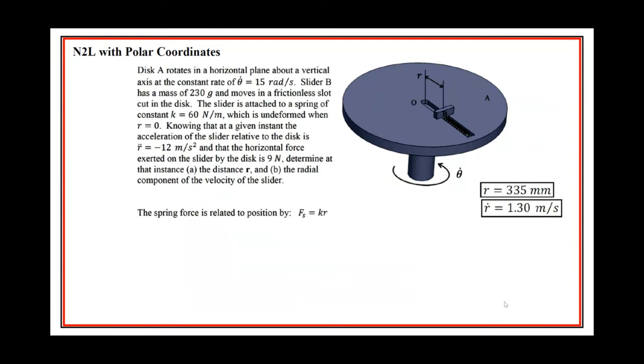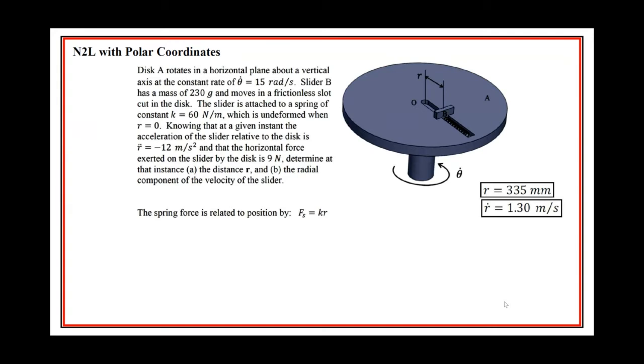Slider B has a mass of 230 grams and moves in a frictionless slot cut in the disk. The slider is attached to a spring with a spring constant of 60 newtons per meter, which is undeformed when the radius is equal to 0.